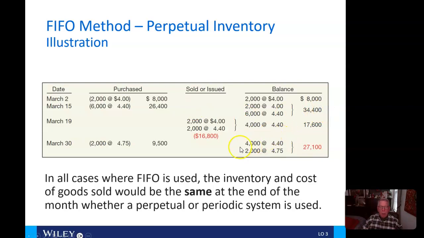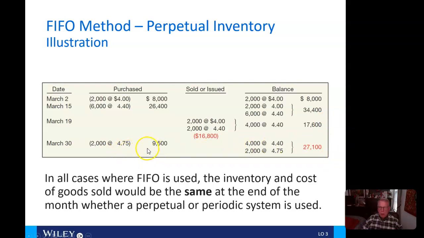Now, when we sell them, we go grab them from the top down. We're going to grab this 2,000 first here, and then we'll grab 2,000 from this 6,000 row here. And that's what we sold. And we kept 4,000 from this 6,000 that we did not sell. So our inventory at that point is 17,600.